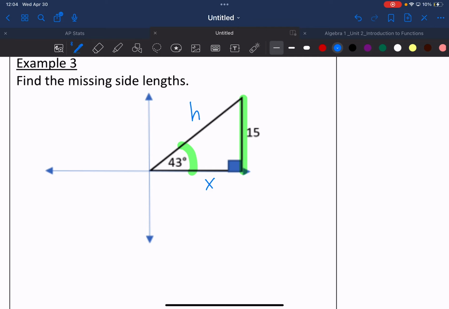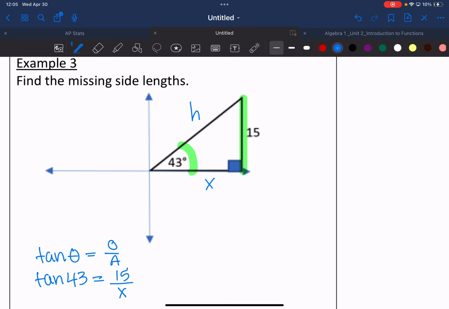Opposite. So I have an adjacent and an opposite, which means I'm using tangent. So tangent of theta is equal to opposite over adjacent. So tangent of 43 is equal to opposite, which is 15, divided by adjacent, which is x.